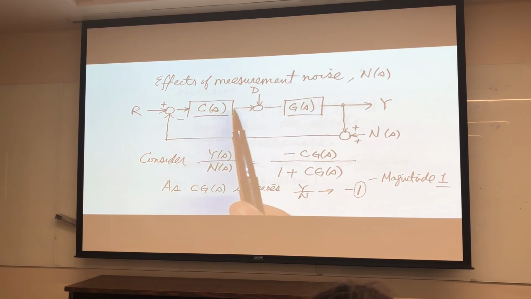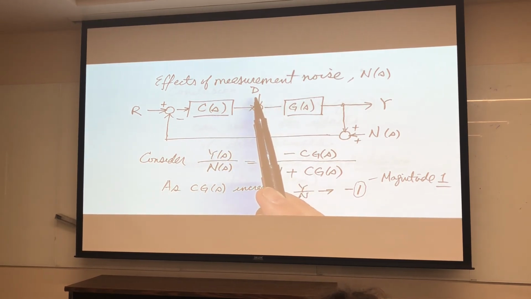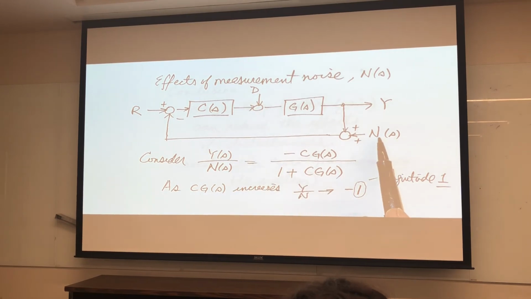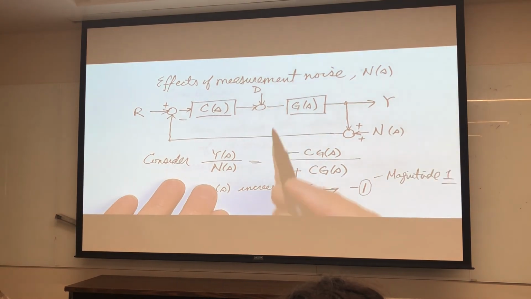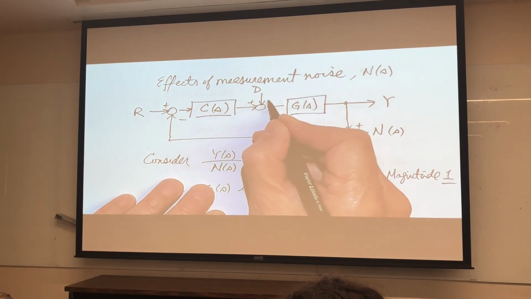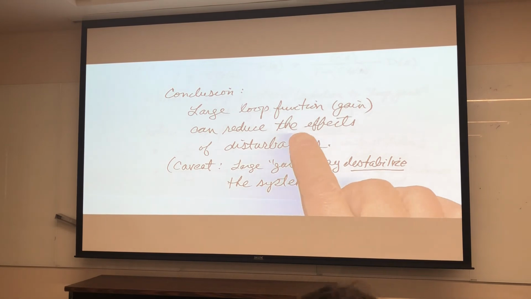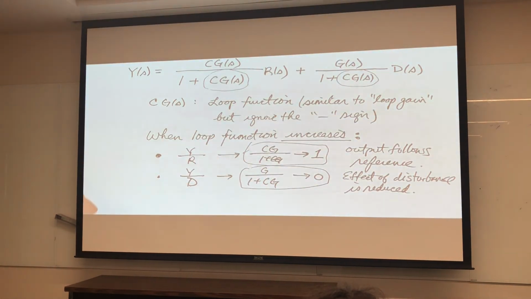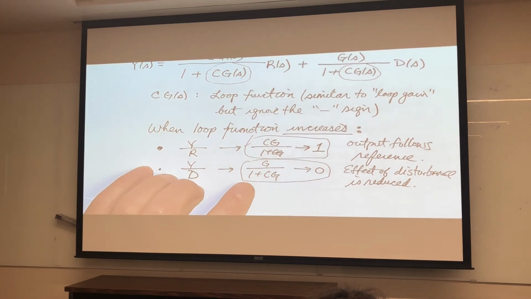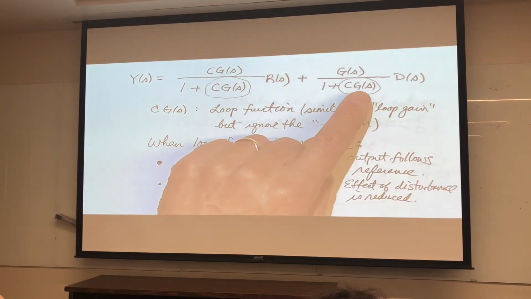So our conclusion here is that feedback doesn't reduce the effect of all disturbances. Here's a disturbance, D. Here's another disturbance, D. But when we were studying this disturbance, this was a plus here, we got the effect that large loop function can reduce the effects of disturbances. Let's go back and take a look at that function. That was this function, G over 1 plus Cg.